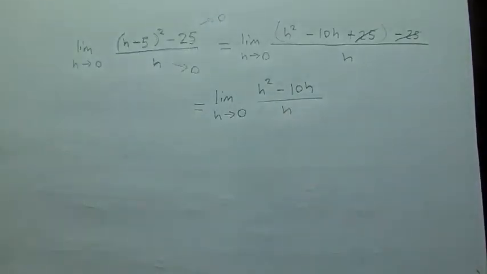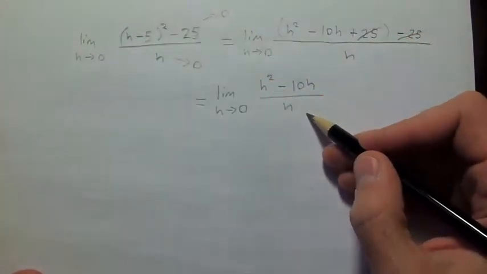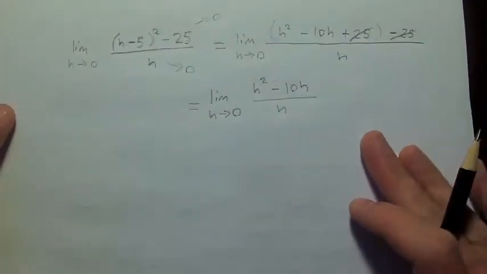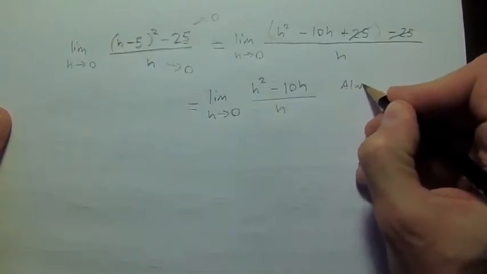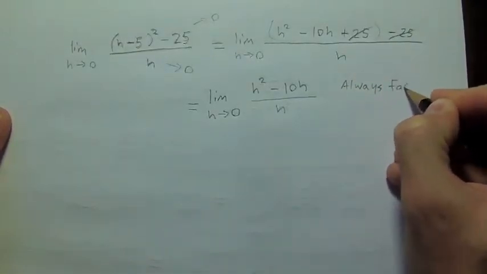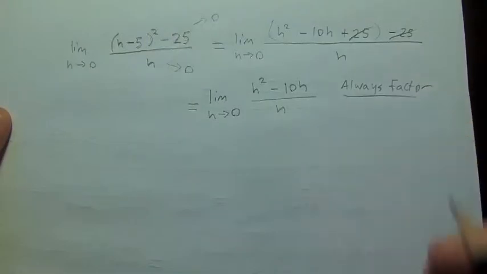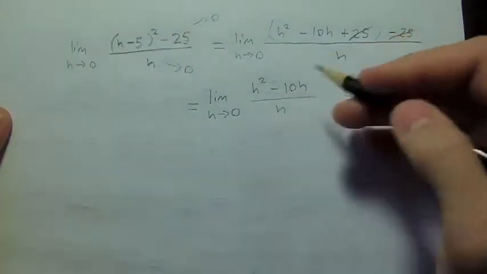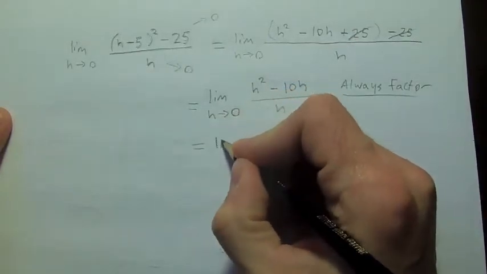Now, many of you will see here that we're just going to cancel our h's, but be very careful here. If you know what you're doing, fine, just do it. If you don't consider yourself a math whiz, if you aren't that confident in your math skills, a lot of people will just cancel these h's and forget about this one. So my advice is to always factor. If you're not sure that you can cancel across division, well, just factor everything.